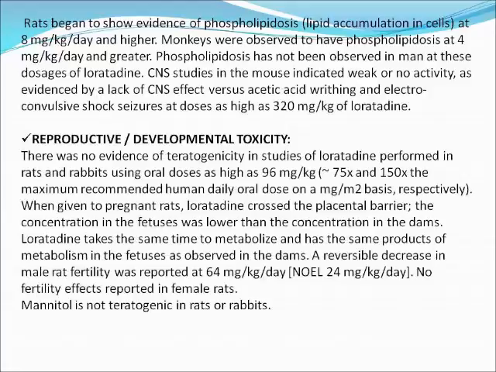Rats began to show evidence of phospholipidosis, which is lipid accumulation in cells, at the dosage of 8 milligram per kilogram per day and above, while in monkeys the same effect showed at the dosage of 4 milligram per kilogram per day and above. This phospholipidosis has not been observed in men at these doses of loratadine.